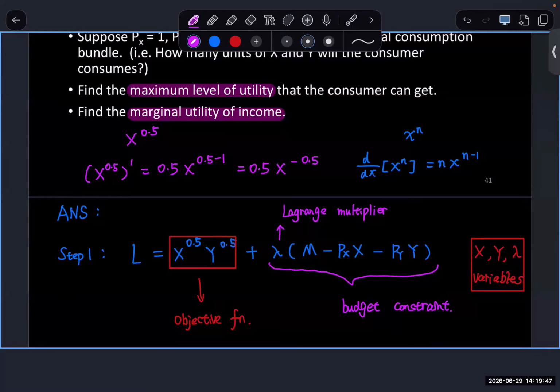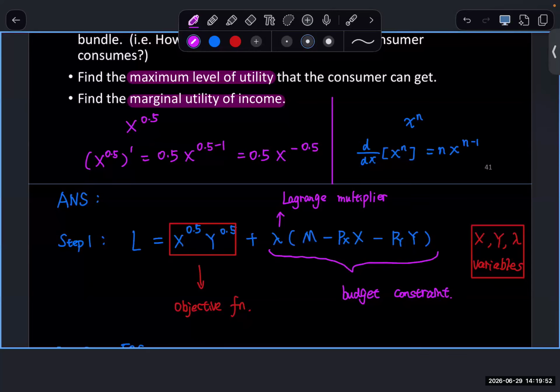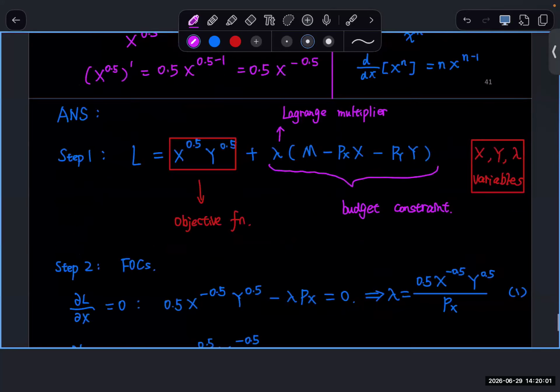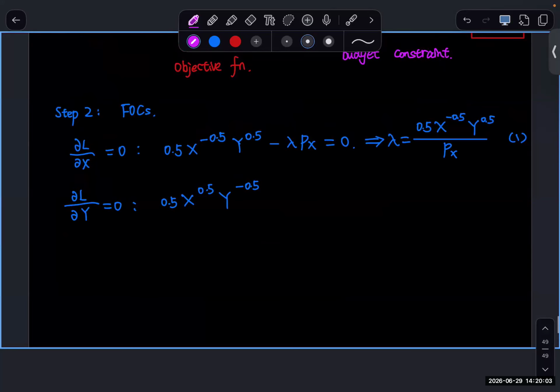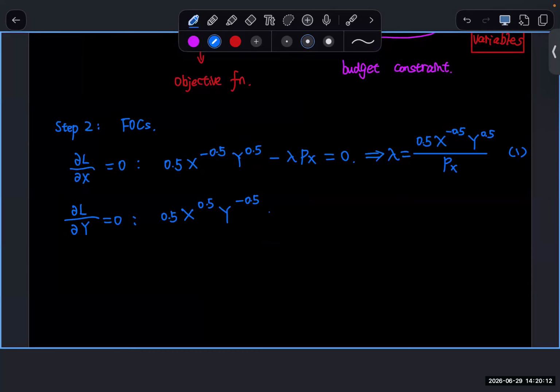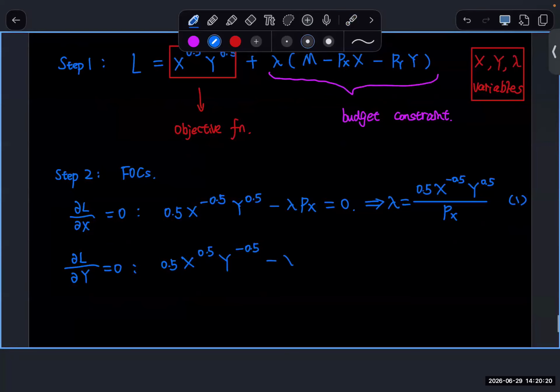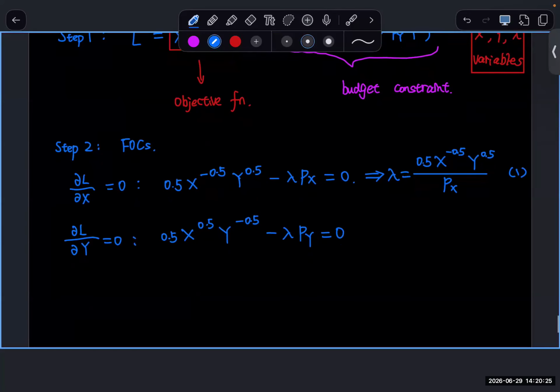The same logic. So you apply this power rule to y, you will get 0.5 x to the power 0.5, y to the power negative 0.5, and then minus. For y, we have minus py, right? And also lambda. So here is minus lambda py equals 0.